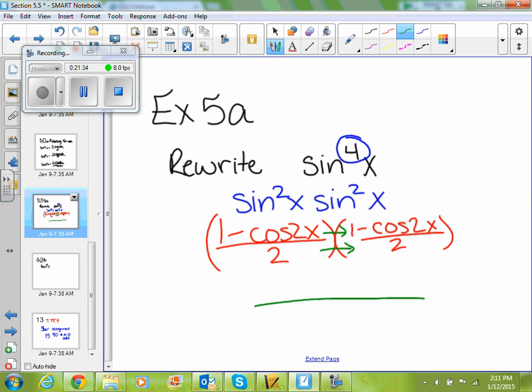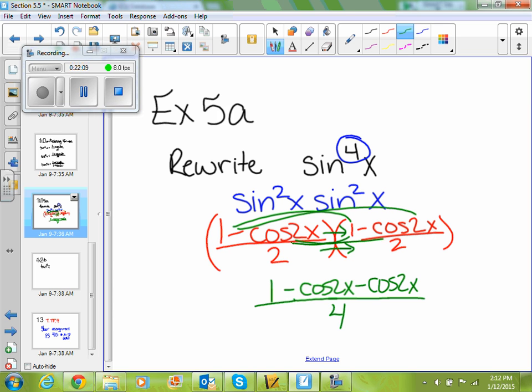Figuring out the denominator is easy because 2 times 2 is just 4. Figuring out your numerator, we have to FOIL because these are two polynomials. So 1 times 1 gives me 1. 1 times negative cosine of 2x gives me negative cosine of 2x. Negative cosine of 2x times 1 gives me negative cosine of 2x.